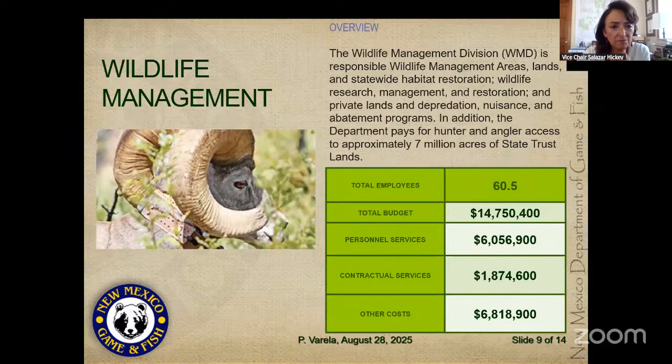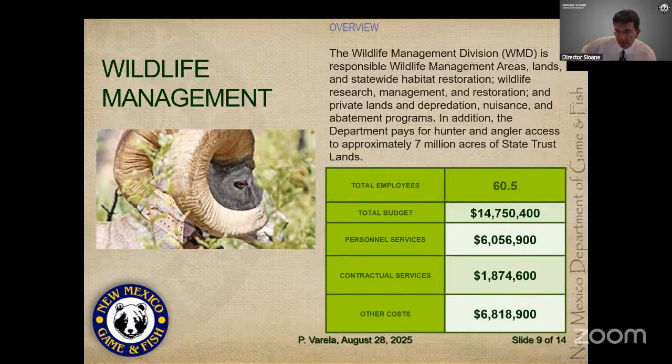Slide 9. Yeah, 60. Okay. So I think this number got a little weird with some of the other positions. I think it's actually 64.5, because of some of the species of greatest conservation need and how they're broken out. But it's between 60 and 65.